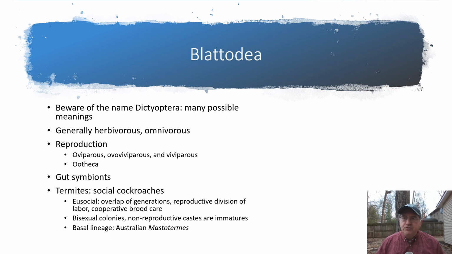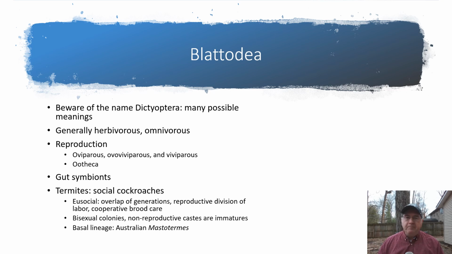So these are immature individuals that under some conditions can complete their development to maturity and become reproductives, typically when the colony order, the presence of queens, gets disrupted. So this contrasts with the other famous eusocial insects, the bees, ants, and wasps, where the non-reproductive castes are all adult females. And in the termites, they're all immatures.